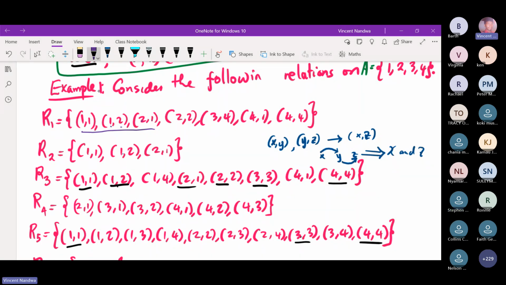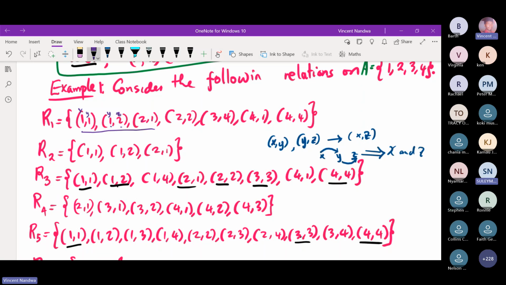If I call this my X, this is my Y, this is my Y, this is my Z. You see, the number ending the first pair is the same as the starting number in the other pair, which should help us define the transitivity of the relation.